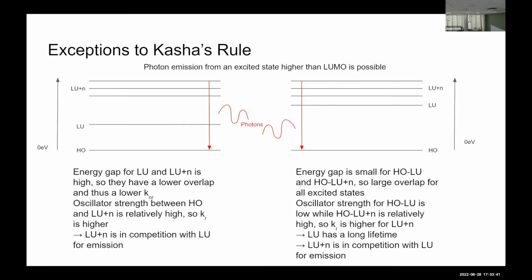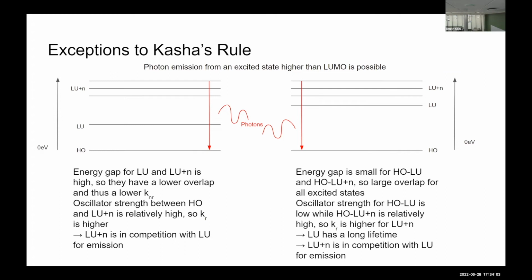Oh, yes. So here what I was trying to show was that with Kasha's rule, we're not always going to get photons only emitted from the HOMO-LUMO transition. We might get photons emitted from a HOMO to LUMO plus 5 or something like that.